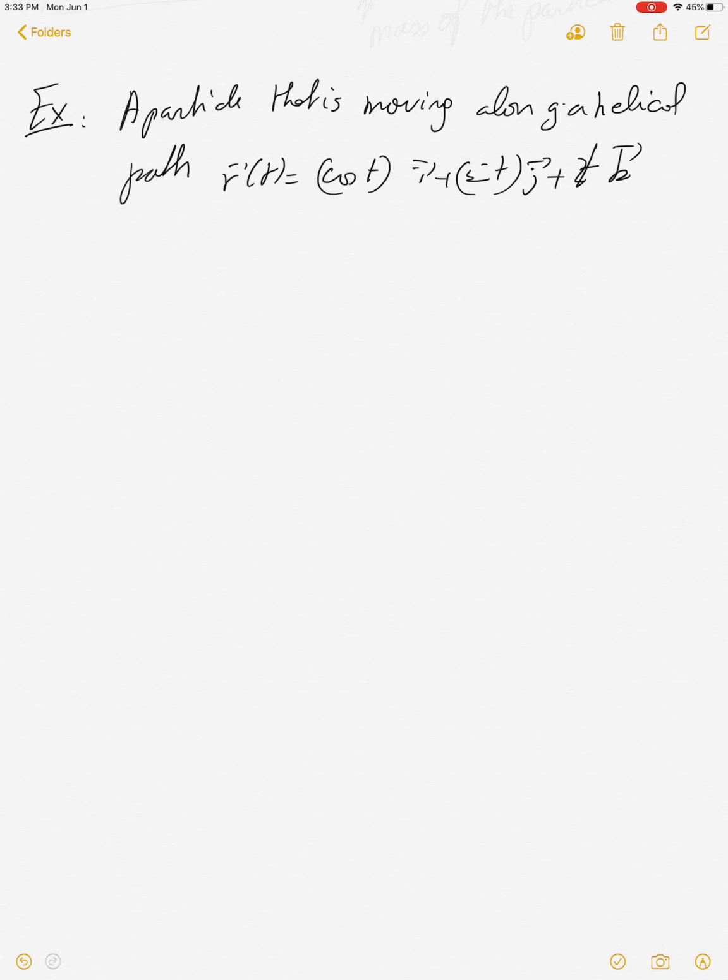Now the question is: 1, find v of t, a of t, and the speed.